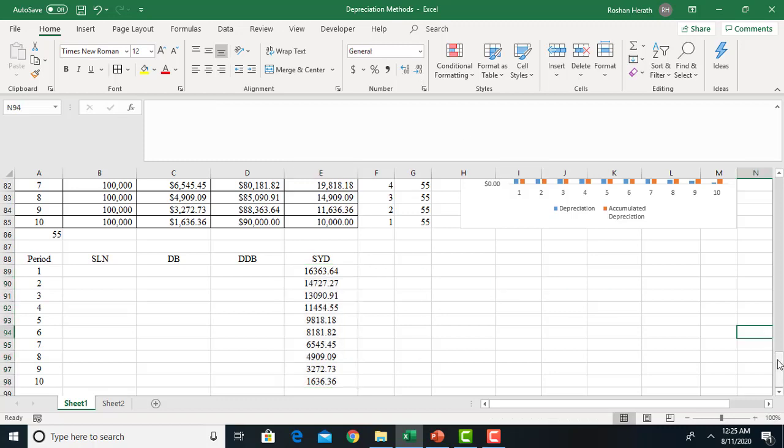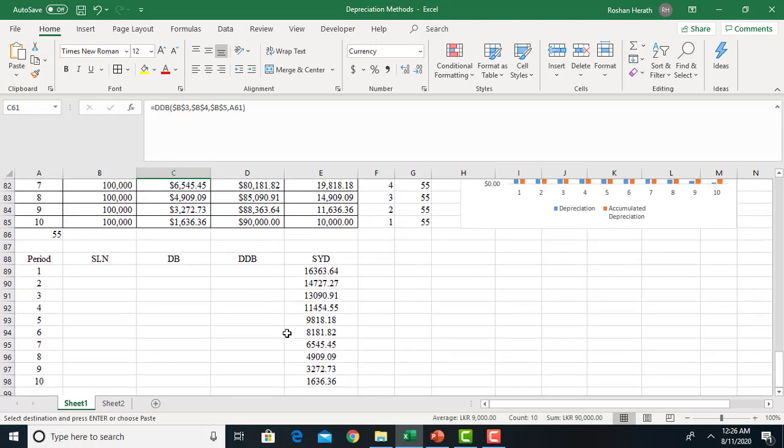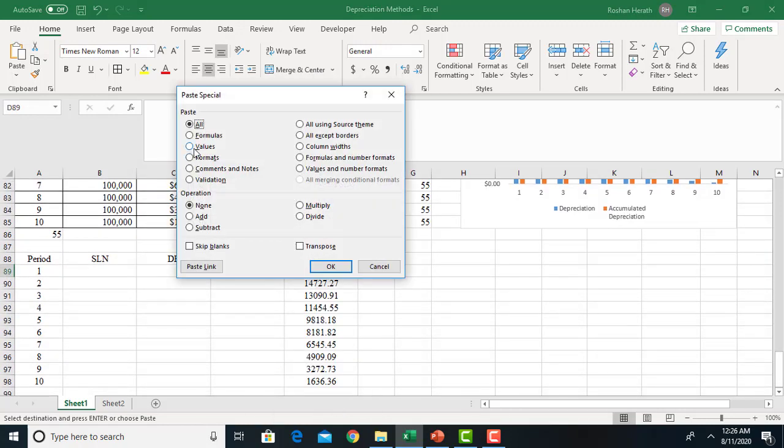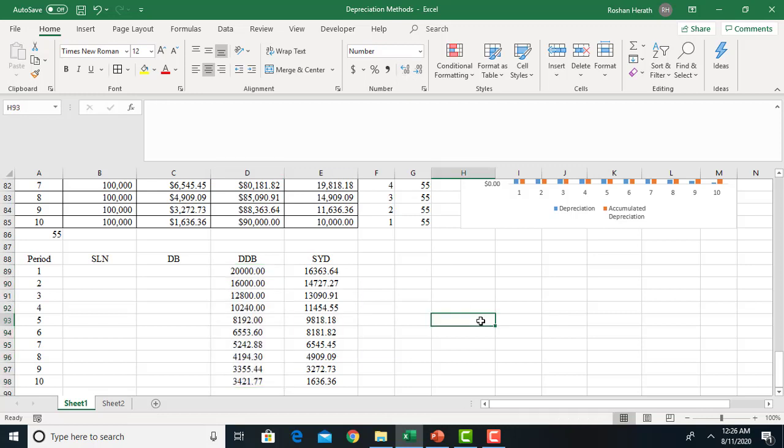And the DDB, similarly, make sure to take the depreciation but paste the values only. So let's keep it at 2 decimal places.